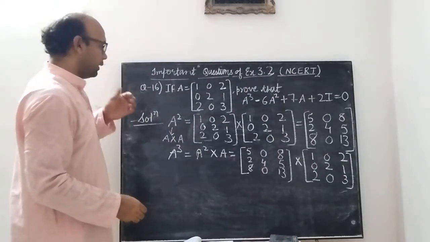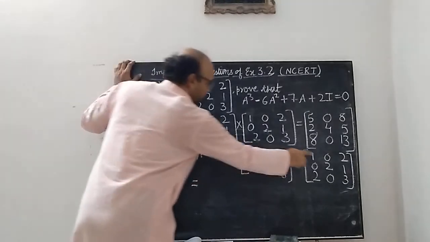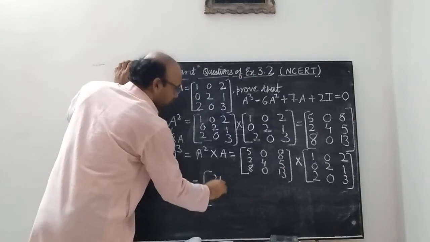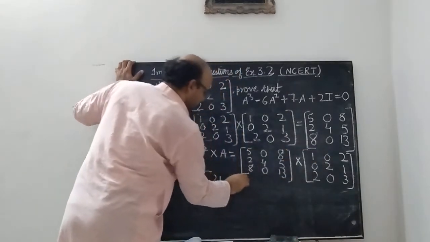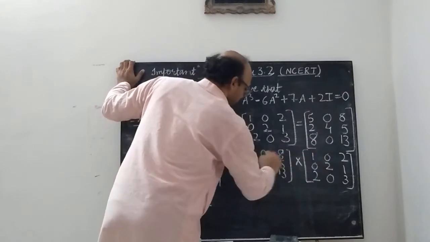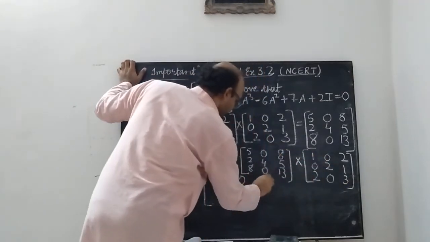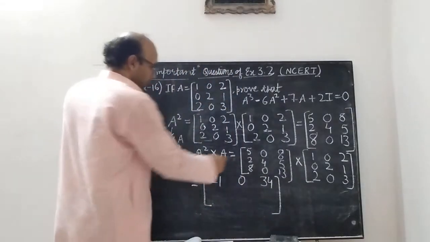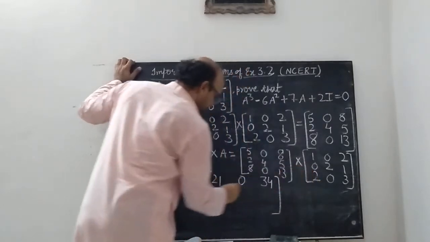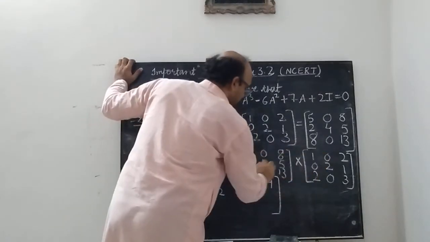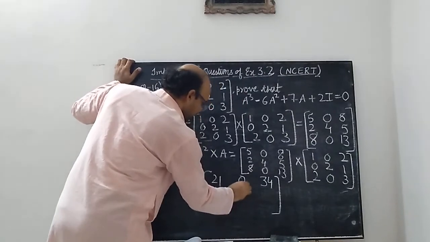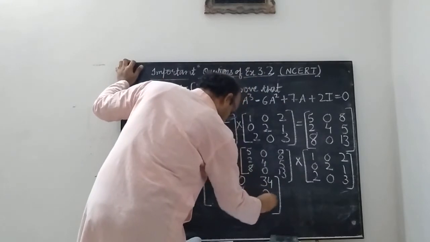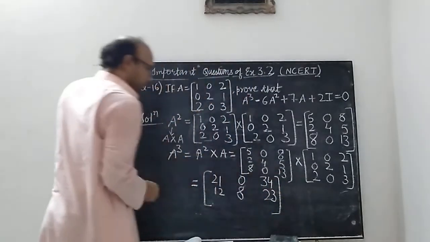So if you multiply, again we do it at a pace. 5, 0 and 16 is 21, 0, 0 and 0 is 0, 5 is a 10, 0 and 8 is a 24. This will give you 34. Similarly, 2 and 10 is 12, 0, this is 8, and again 0, 4 and 4, 8, and 15 is 23.